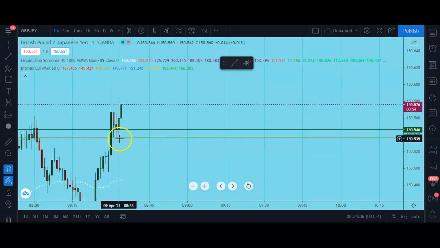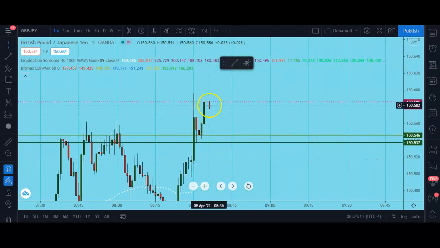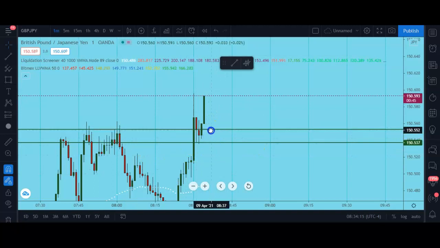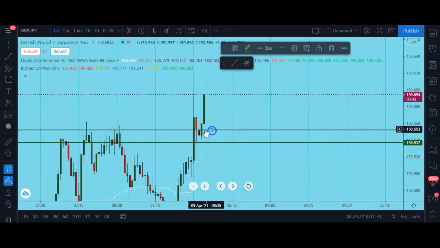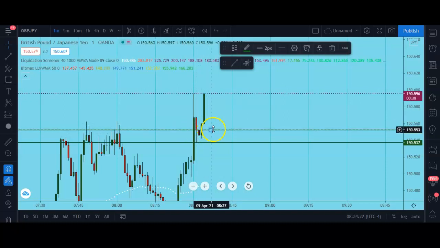So we had a failure to close below this area, so the next candle buys up, and it's going to remain above this line right here, because this candle closed above here, so price is definitely going to close above this point.